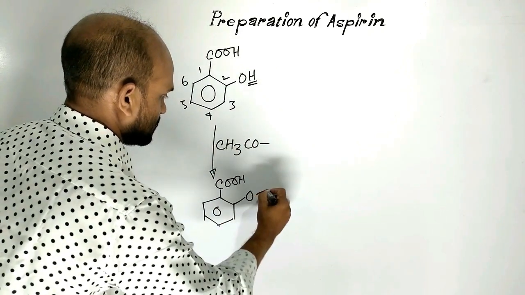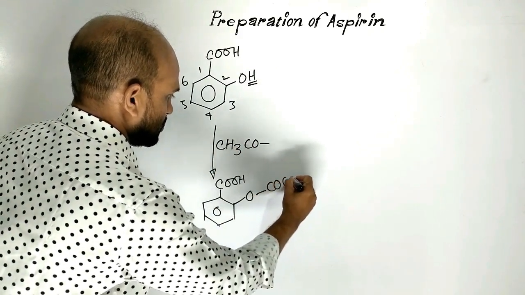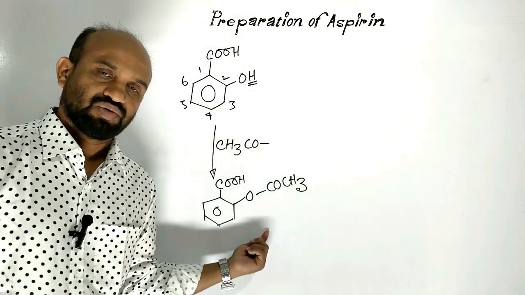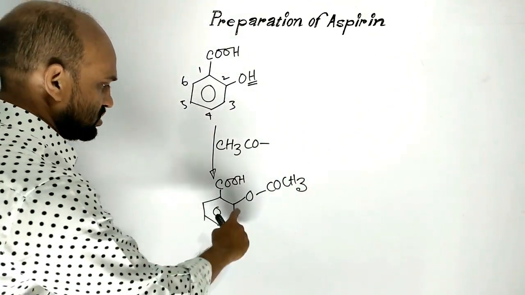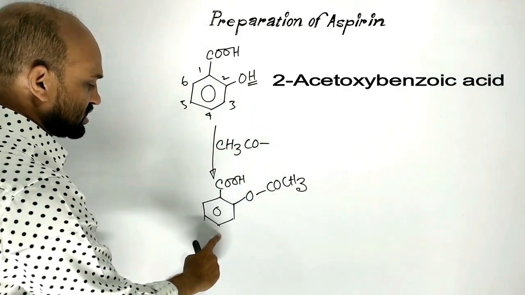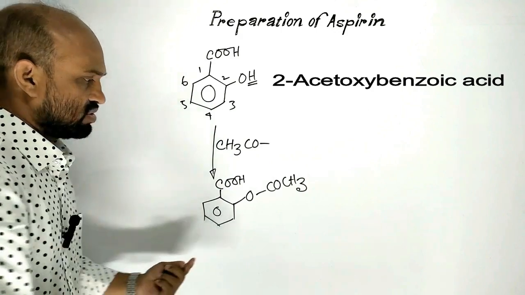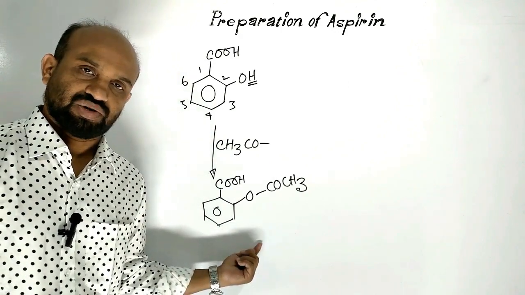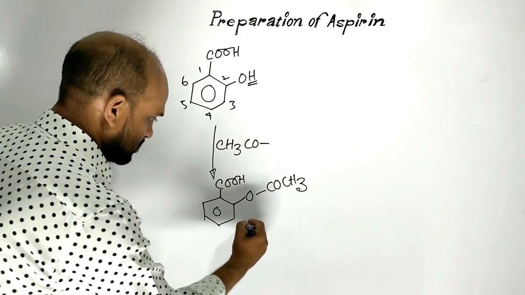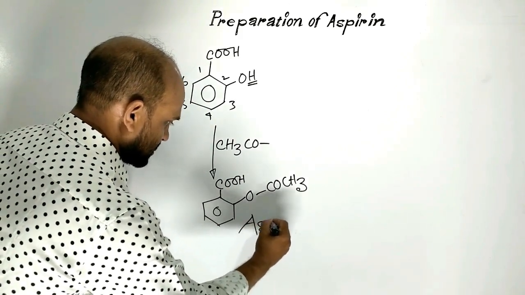This group, CO CH3, this is known as 2-acetoxybenzoic acid or acetyl benzoic acid. It has a common name, which is aspirin.